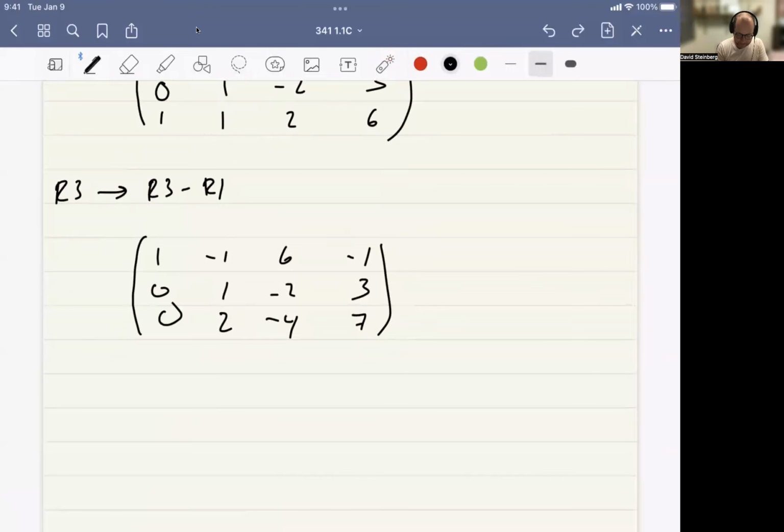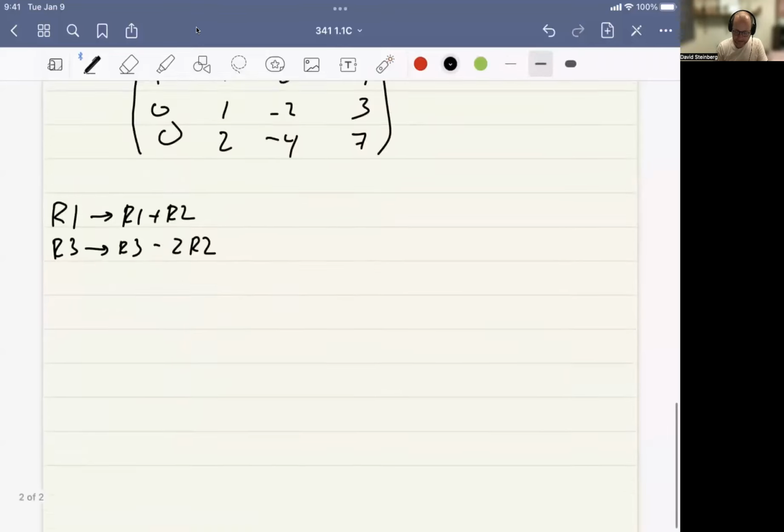So what do we want to do? We want to replace row 1 with row 1 plus row 2, and the -1 is going to become a 0. So row 1 goes to row 1 plus row 2. And at the same time, let's do row 3 goes to row 3 minus 2 row 2.